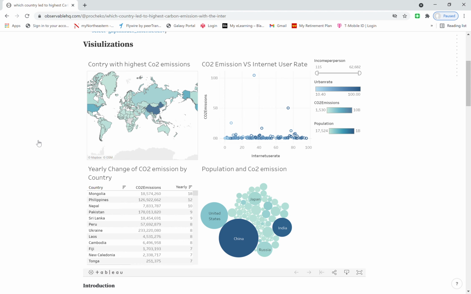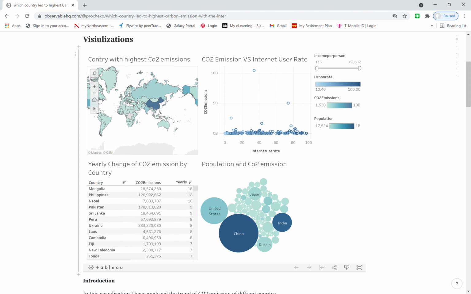In the visualization, we can clearly see some of the highest emitting countries are China, USA, India, etc. We can also see that as internet user rate goes up, the emission from developed countries is also some of the highest.